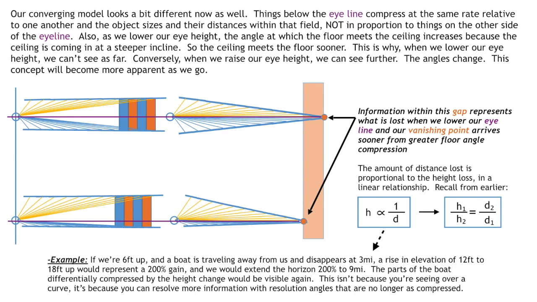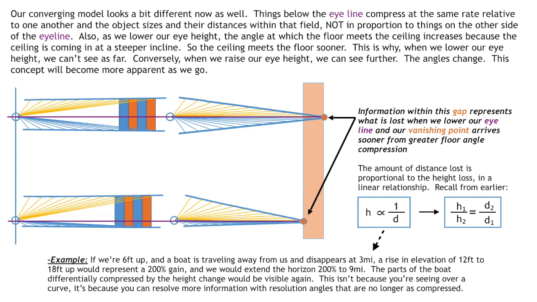What ends up happening then is that we bring our horizon line, or our horizon distance, excuse me, in further. We cannot see as far. So information within this orange rectangular gap represents what is lost when we lower our eye line and our vanishing point arrives sooner from a greater floor angle compression. The amount of distance lost is proportional to the height loss in a linear relationship.